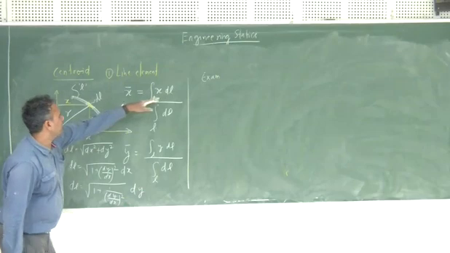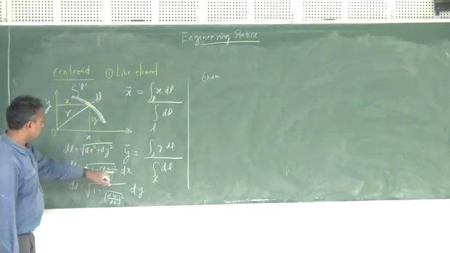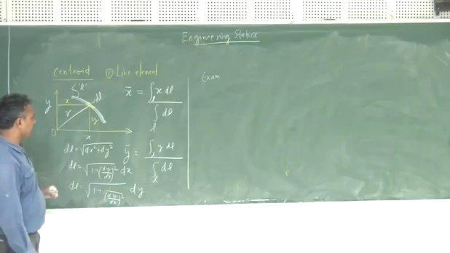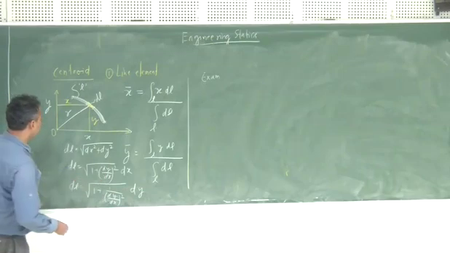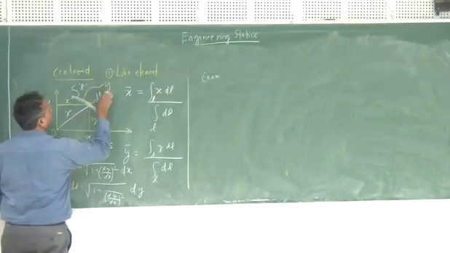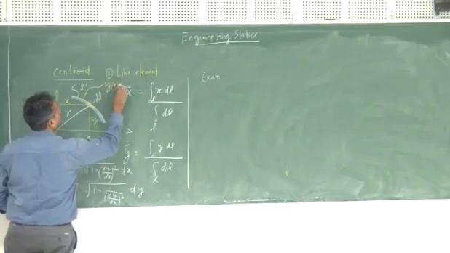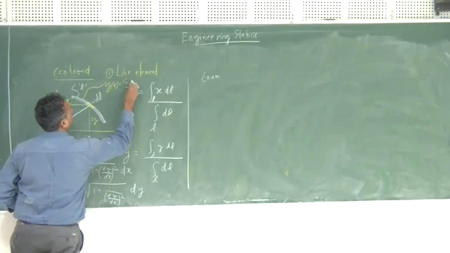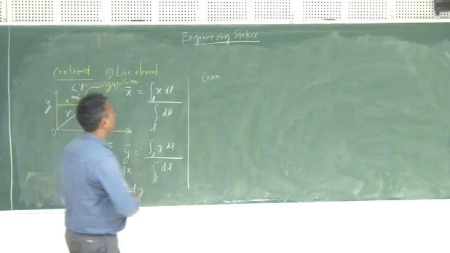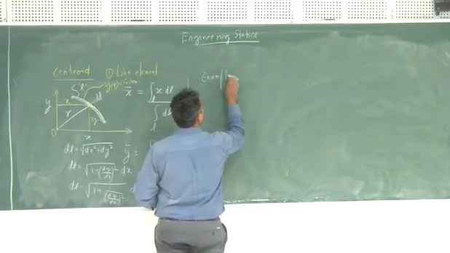If you have to write this dL in terms of dx, you can write it like this. For that, the relationship of this curve y versus x should be given, then only you can do it.